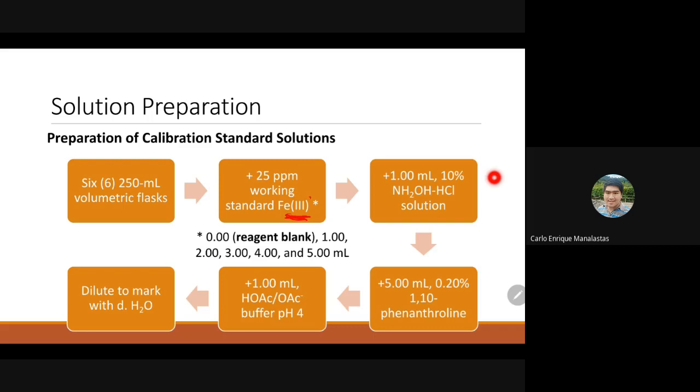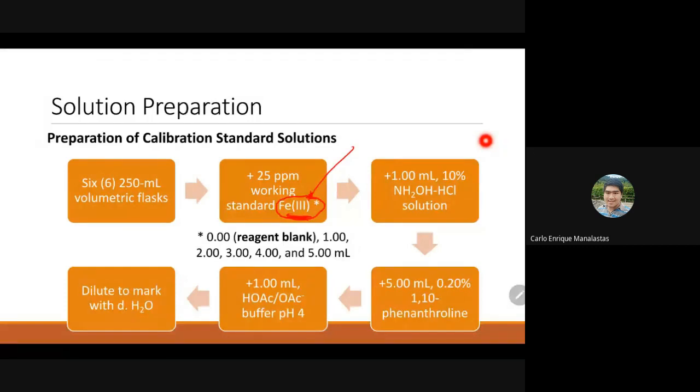So take note that although we are measuring iron(II) as our analyte, here in the experiment we are preparing your solution from iron(III). So you need to take into consideration how you will convert this iron(III) to iron(II).